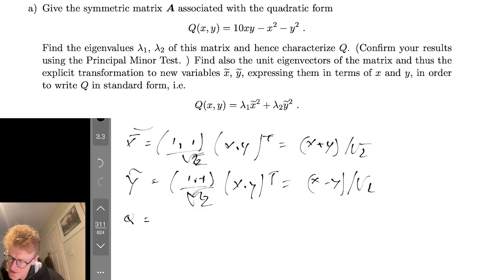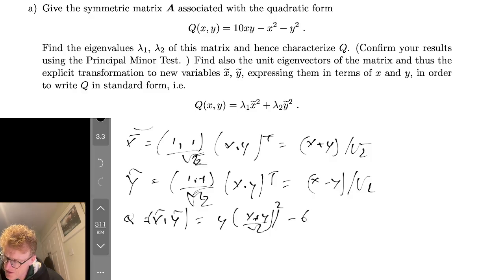So q is then 4 times x plus y over square root of 2 squared minus 6 times x minus y over square root of 2 squared, and this is q. Check.